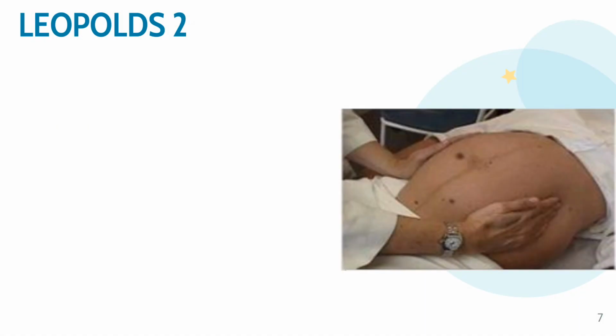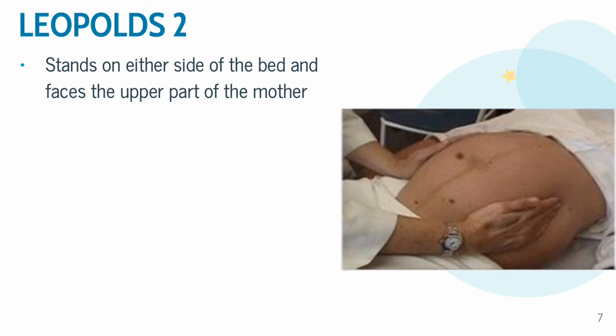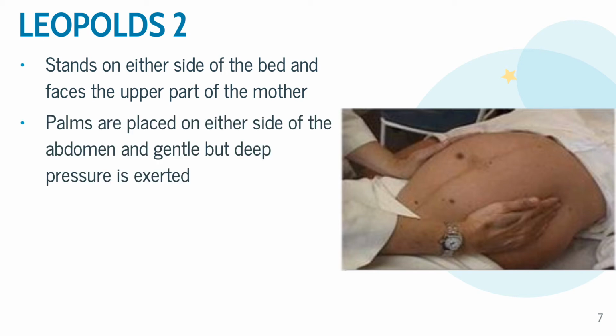The second maneuver, sometimes called the umbilical grip, involves the palpation of the lateral uterine surfaces. The examiner stands on either side of the bed and faces the upper part of the mother. It is accomplished as the palms are placed on either side of the maternal abdomen and gentle but deep pressure is exerted.